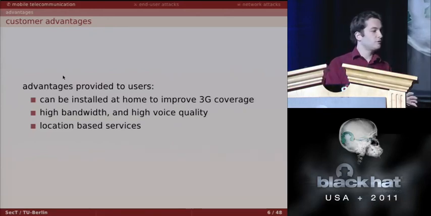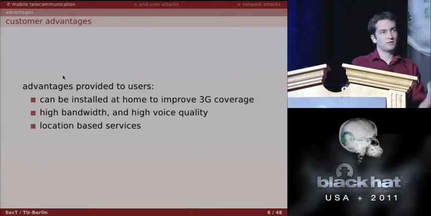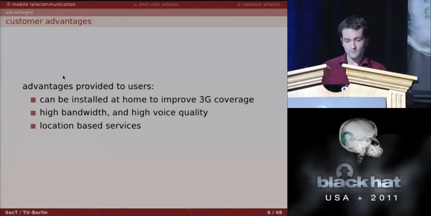Because you're the only one to use this box, you have high voice quality and high data bandwidth. The femtocell you buy is not for all users. It's just for you and the other subscribers you add to it. Not everyone can connect to your femtocell. It's a closed subscriber group.